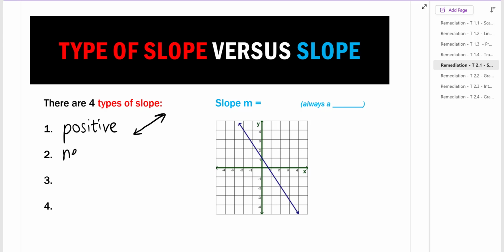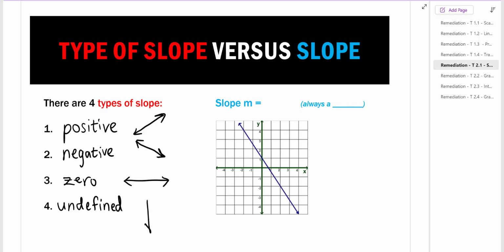There is negative slope. It's the opposite. Zero slope is horizontal. And then undefined slope, which is vertical. So those are the 4 types of slope.